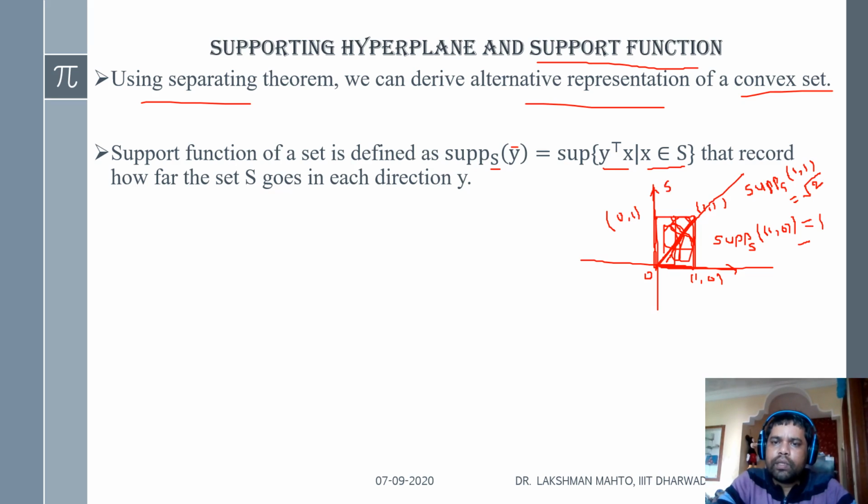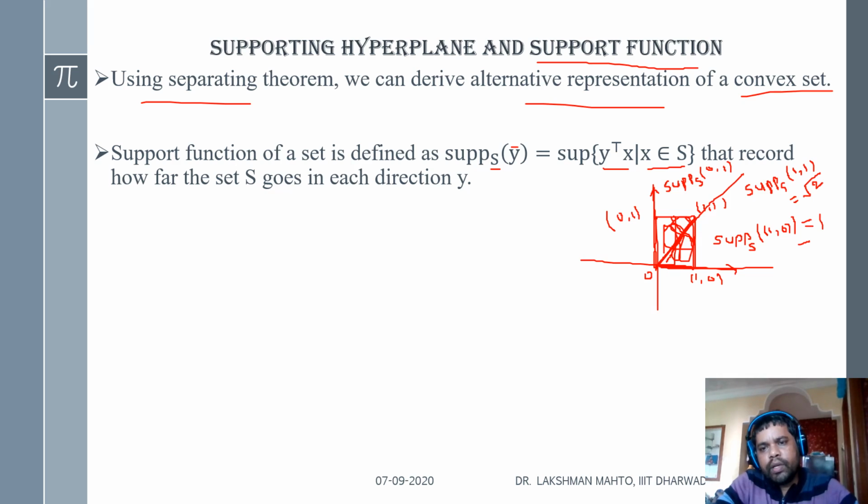If I am asking what is the support in the direction of 0 1, if you are going in this direction, then what is the support? The support of this set in the direction of 0 1. So that's why support is a function, because for every direction the value is changing.